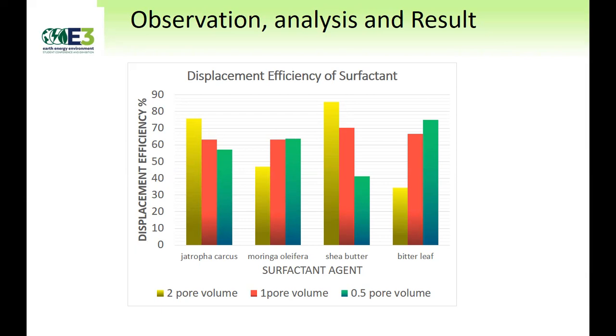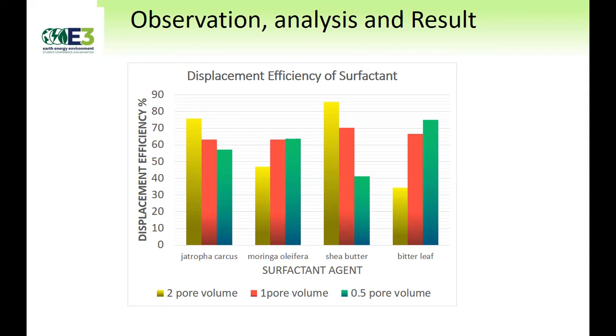After acquiring the pore volume of each of these cores, we injected the crude into the formation, so we moved straight to the secondary recovery. In the secondary recovery, we used water flooding, after which some percentage of the crude was still there.